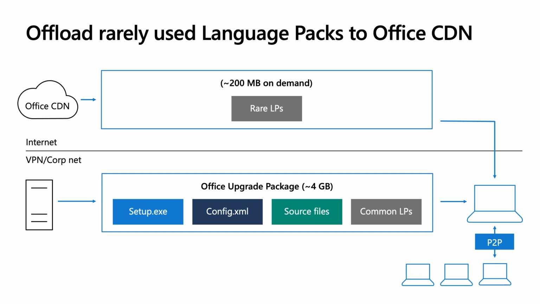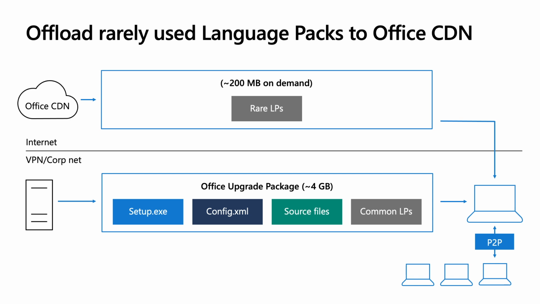So in this example, instead of synchronizing a 300 megabyte Swedish file to 30,000 devices, I will have 3 devices downloading 200 megabytes each.